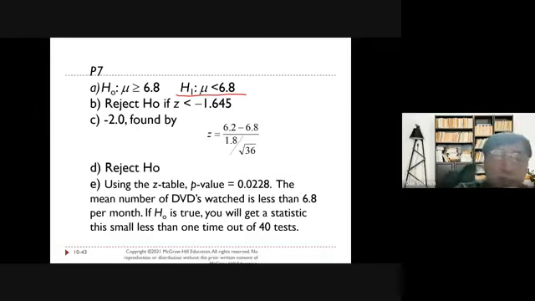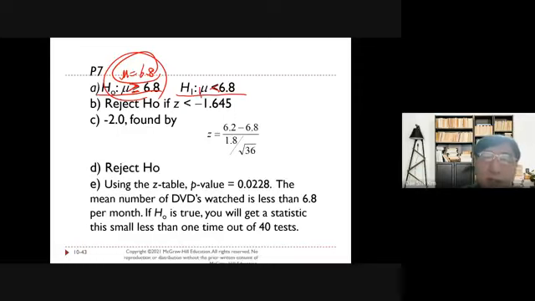Null hypothesis: the other side of less than, which is greater than or equal to. Or some books say only equal to 6.8. Equal or greater than or equal, both are correct. But the alternative should be less than. So it is a one-tail problem when alpha is 0.05.